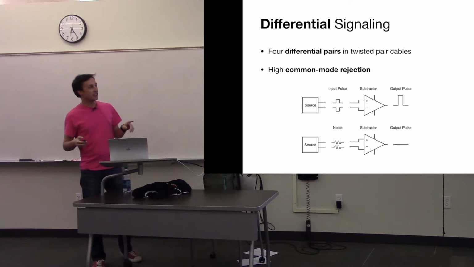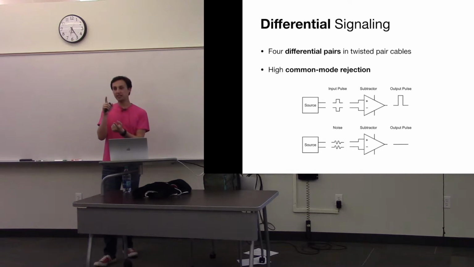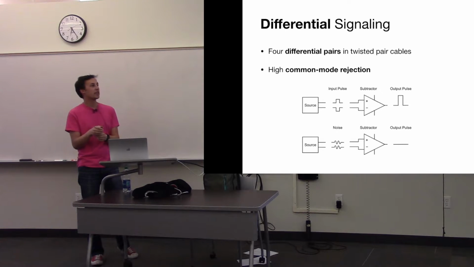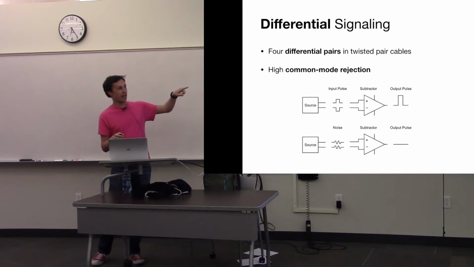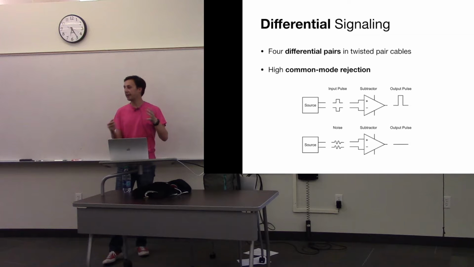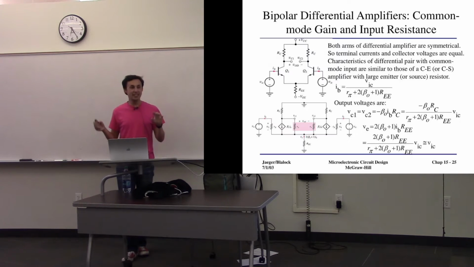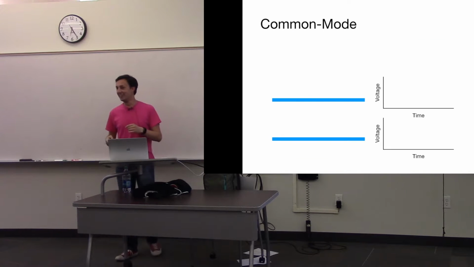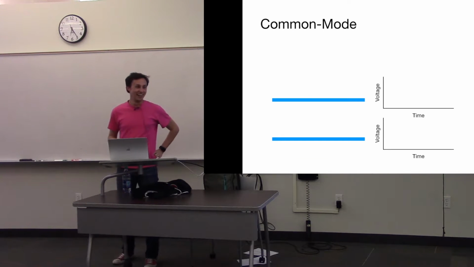But basically, if you have the difference in voltage between the 2 wires instead of the voltage on one wire, you can input a signal and have the difference come out the other end. But if noise gets put on both wires at the same time, it doesn't change the value of the output at all. So getting into differential mode, I'm kidding, I'm not going to talk about that.